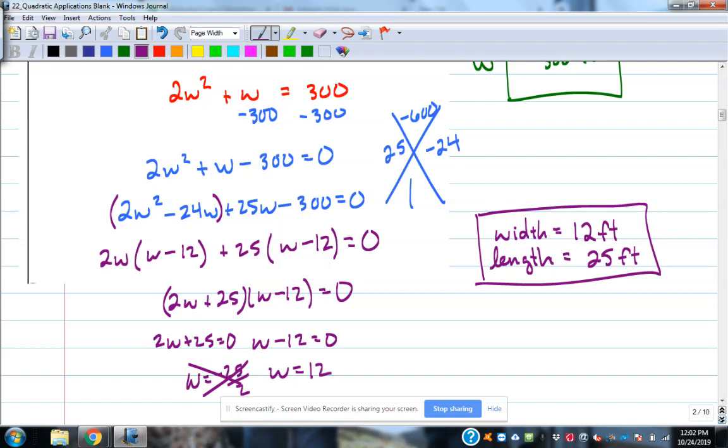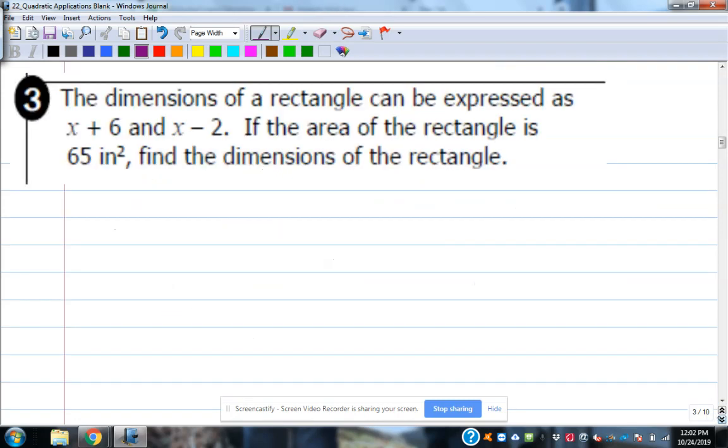All right, let's look at number 3. It's actually a little easier than those two. The dimensions of a rectangle can be expressed as x plus 6 and x minus 2. If the area of the rectangle is 65 square inches, find the dimensions of the rectangle. Okay? How do we set that up?